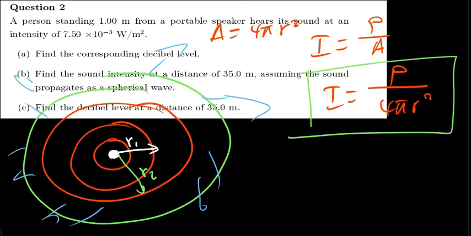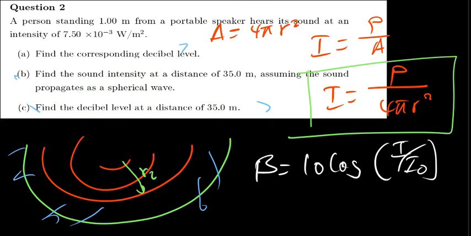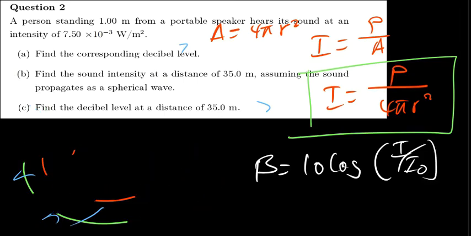But again, there is a formula which we have to be familiar with, the one for the corresponding decibels. The decibel level is given by 10 log of the intensity divided by the initial intensity. Now this initial intensity, I0, is the hearing threshold, and this is constant.